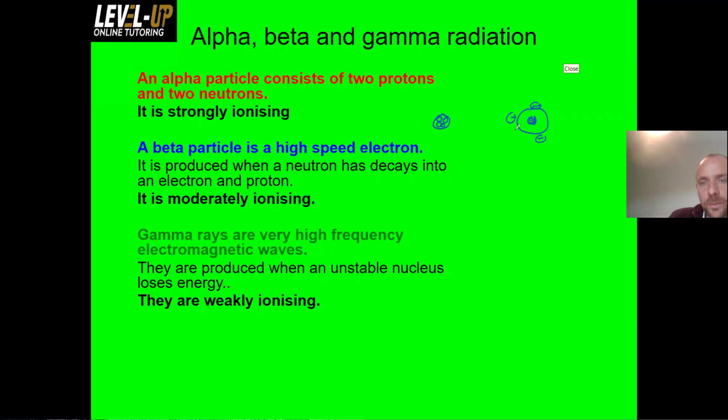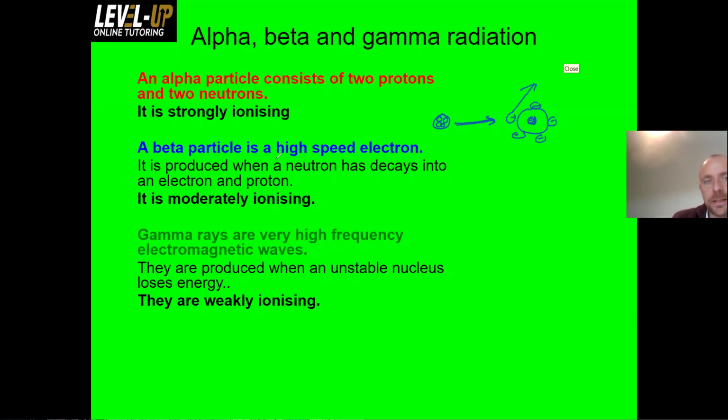In fact, let's put a few more electrons in here. Let's imagine there's 1, 2, 3, 4, 5 electrons here. And we've got this alpha particle here. What's going to happen is this alpha particle is going to approach that atom, and if it's going to ionize it, it's going to literally kick out one of those electrons.